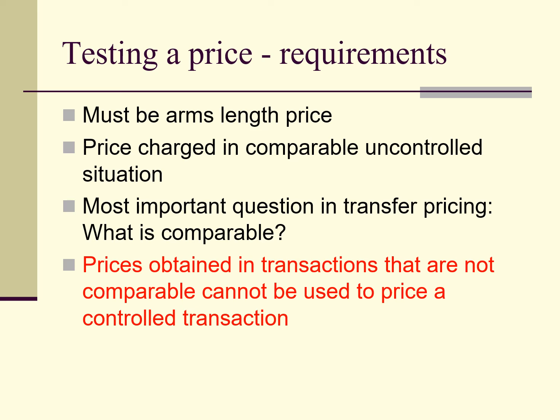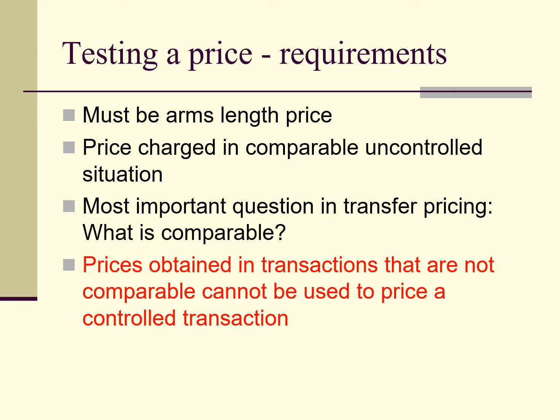Here's what I mean by this. Assume in this example that we choose to price the transaction between Clothing Inc. and Clothing.com using a price that Clothing Inc. would charge an unrelated company. For instance, Clothing Inc. might charge a wholesale price for the clothing to an unrelated reseller.